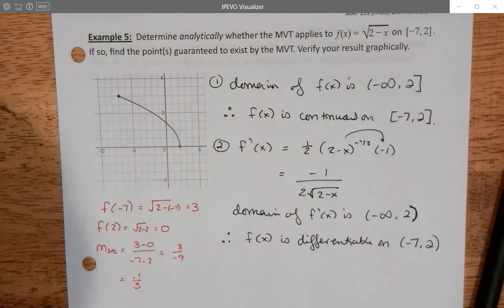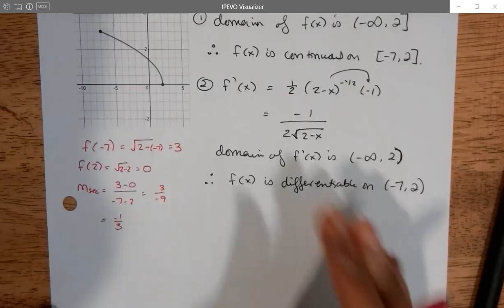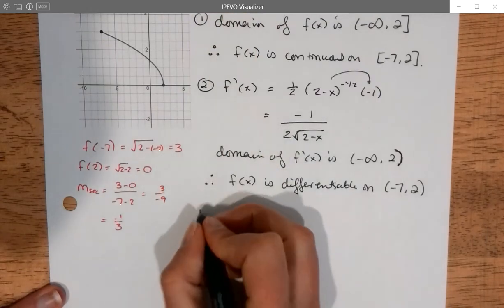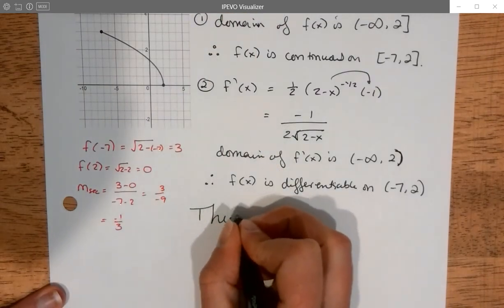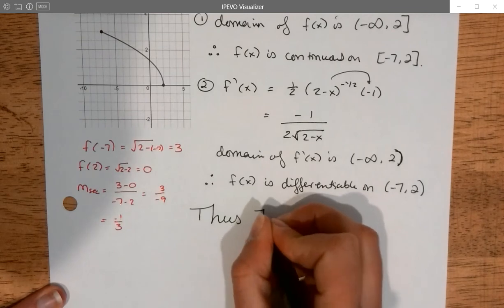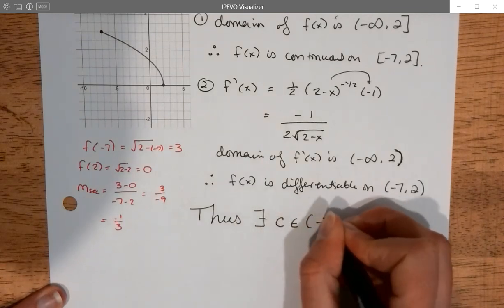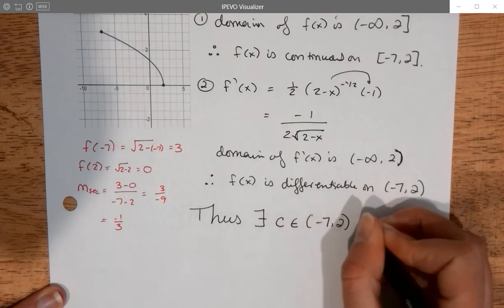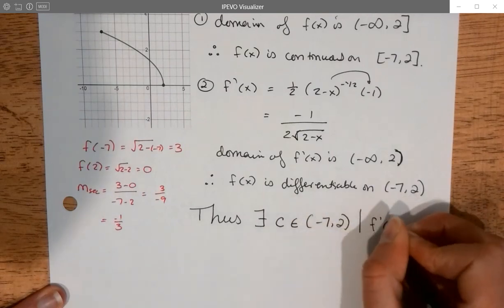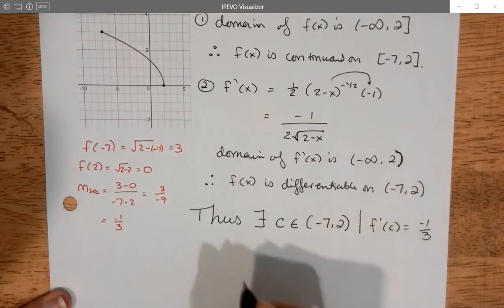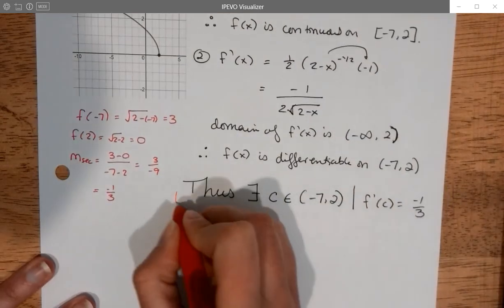Okay, so I can conclude now, since condition 1 and condition 2 were satisfied, thus there exists a c in the open interval -7 to 2 such that f prime of c is equal to -1/3. Okay, that's our conclusion.